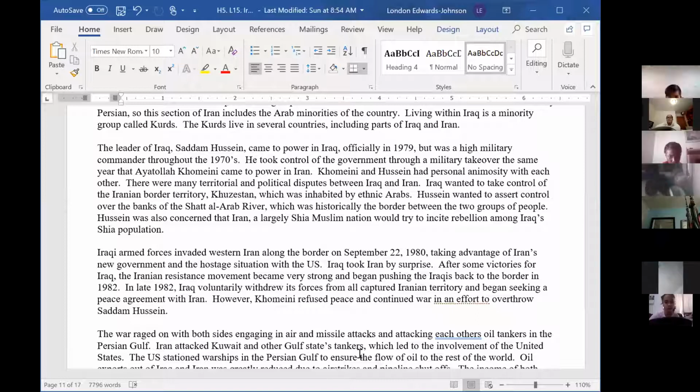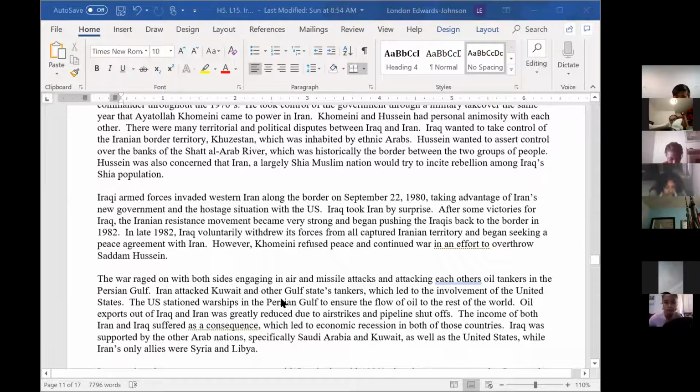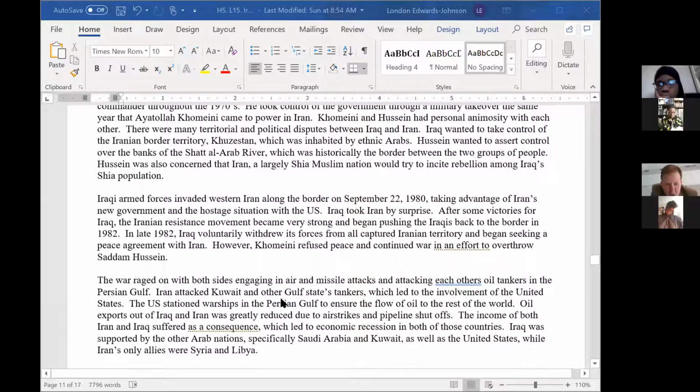The leader of Iraq, Saddam Hussein, came to power in Iraq officially in 1979, but was a high military commander throughout the 1970s. He took control of the government through a military takeover. The same year that Ayatollah Khomeini came to power in Iran. Khomeini and Hussein had personal animosity with each other. There were many territorial and political disputes between Iraq and Iran.